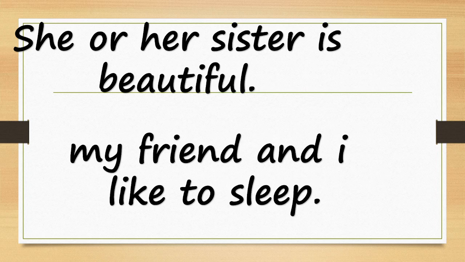Now I have here sentences which I want you to look at and identify what is odd, what is different, or what you observe in them. The first one is: She or her sister is beautiful. Anyone, what did you observe in the sentence? Me, sir. In that sentence, I observed that there are two subjects: the first one is she, and the second one is her sister.